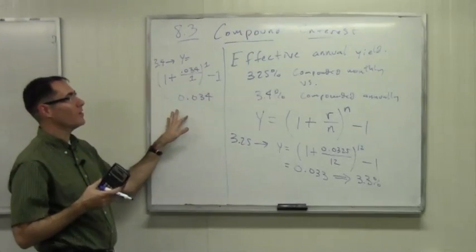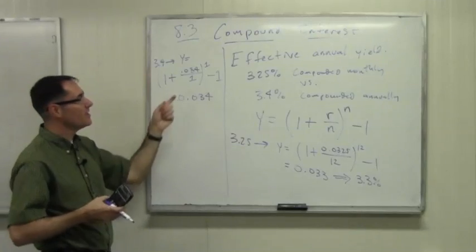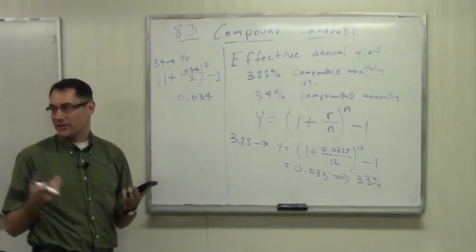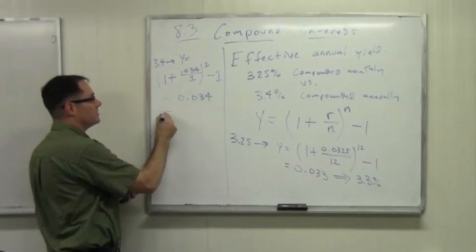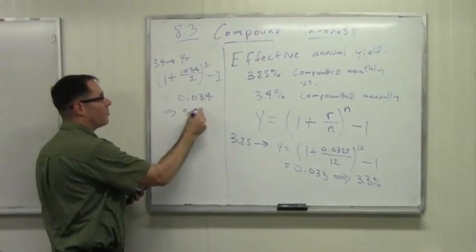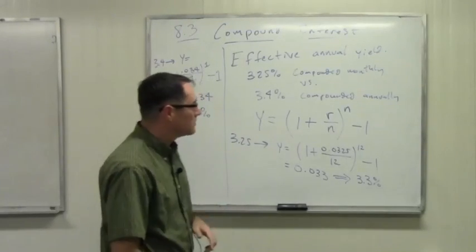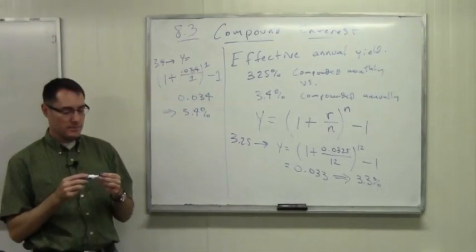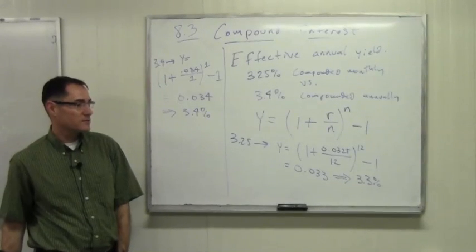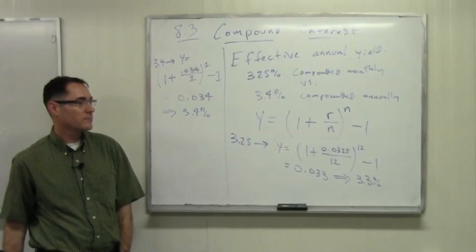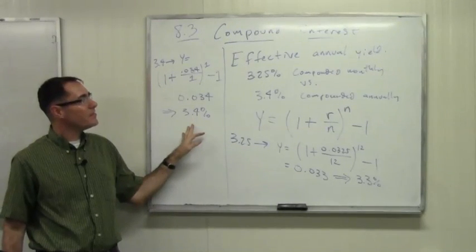Really what happened here was all these 1s canceled out, because compounding yearly is the same as a yearly interest rate, which is 3.4% interest rate.